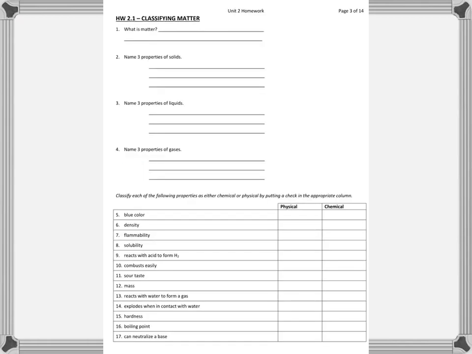All right, so in this unit 2.1, we covered how we classify matter and a lot of the different properties. And so what is matter? Matter is anything that has mass and takes up space.